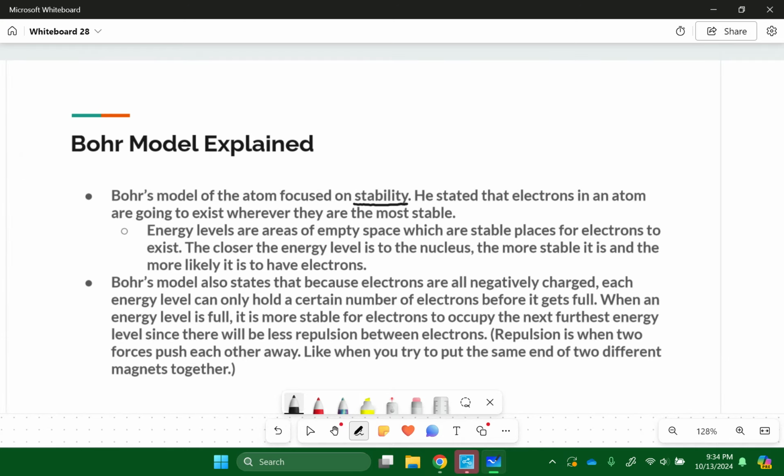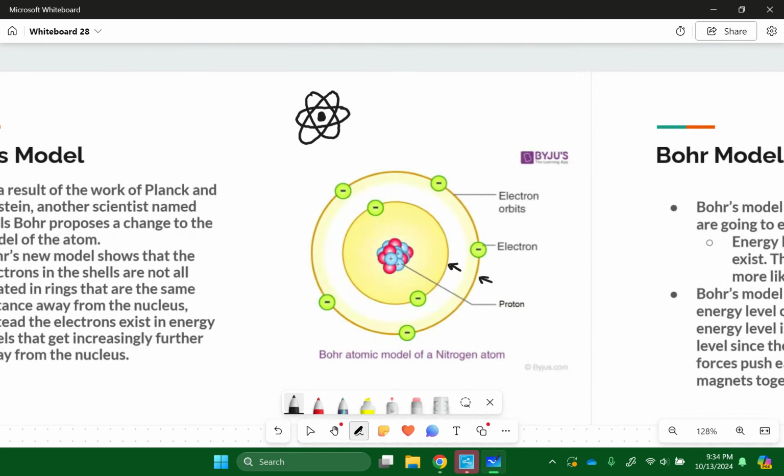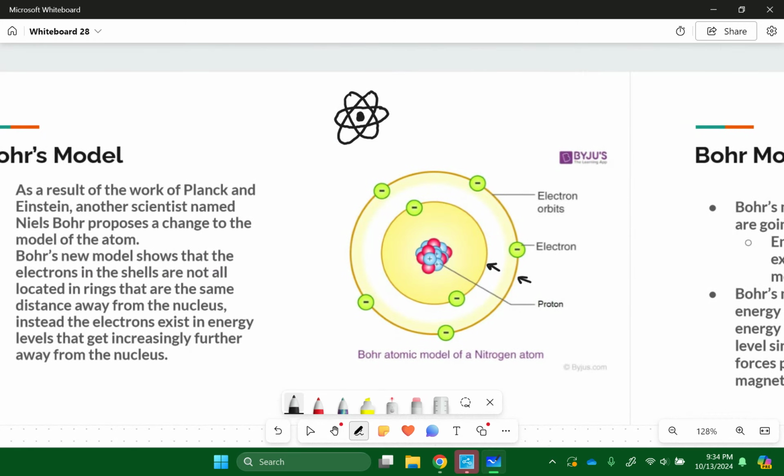Energy levels are areas of empty space which are stable places for electrons to exist. The closer the energy level is to the nucleus, the more stable it is, and the more likely it is to have electrons. So basically, what Bohr says is every atom is going to have electrons, and those electrons are going to exist in the most stable place that they can find.